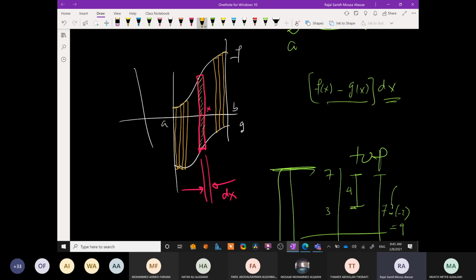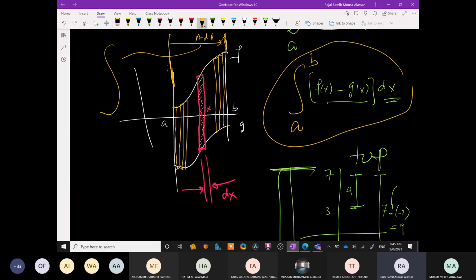Okay, so I want to collect these rectangles, correct? How do I collect these rectangles? So the first rectangle starts from here, the last rectangle starts from here. So I am going to add. Add means what in our language? Integration. Exactly. So I'm going to put an integral, and that integral should go from a to b. And this is the area between the two curves.